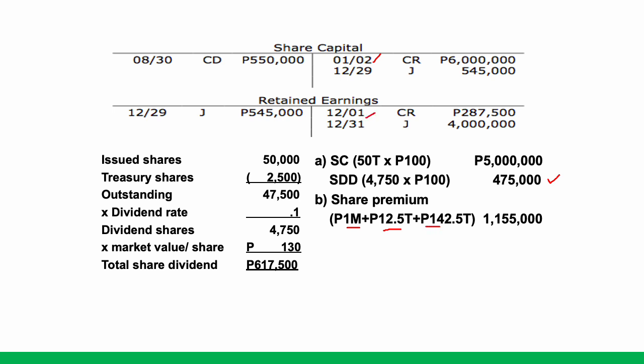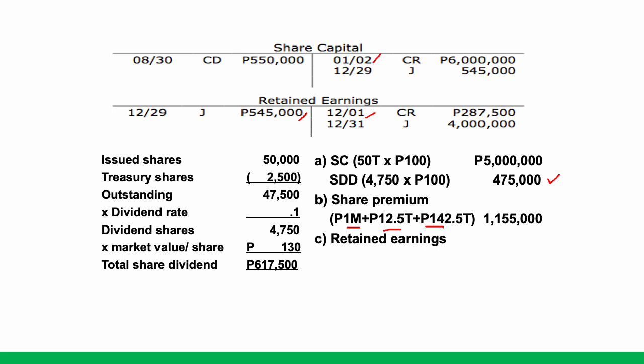And yung 142,500 naman from the declaration of share dividend. So yun lang yung 3 transactions affecting the share premium. So magkano yung adjusted share premium? So 1 million plus 12,500 plus 142,500 equals 1,155,000. So, number 2 requirement, letter B, we have 1,155,000 pesos.